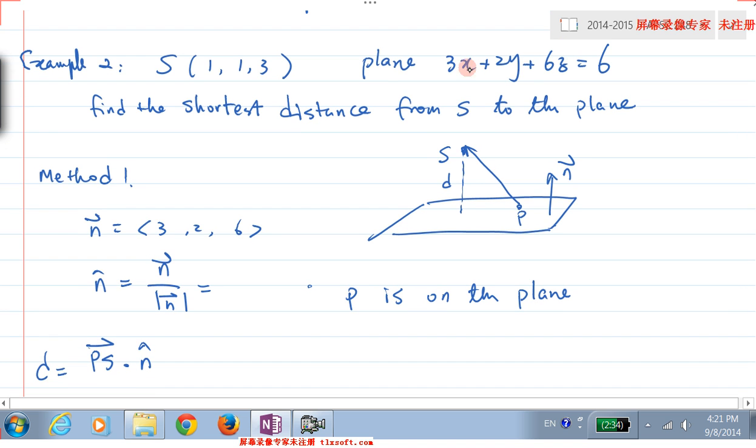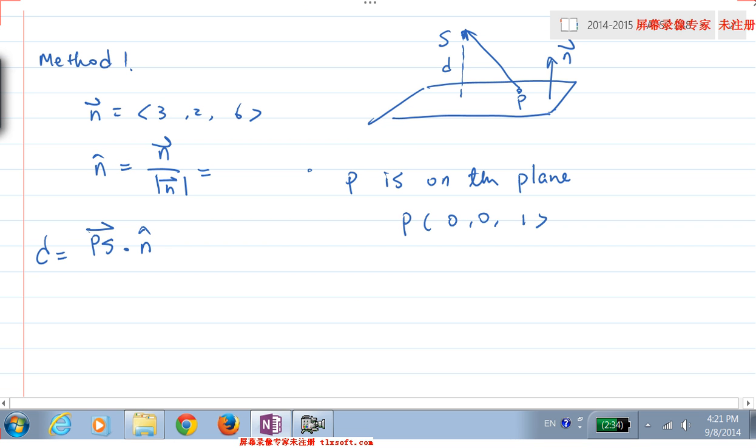That's totally up to you how you construct the point P so that it satisfies this equation here. So, as most of you suggested, we picked P 0, 0, 1. Okay, seems to be very simple points.